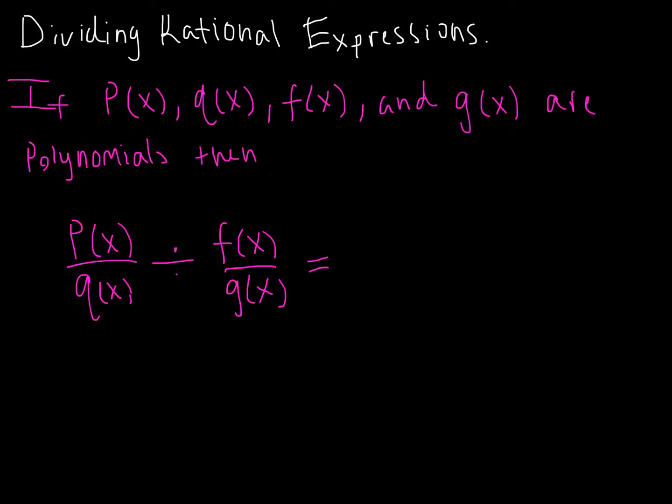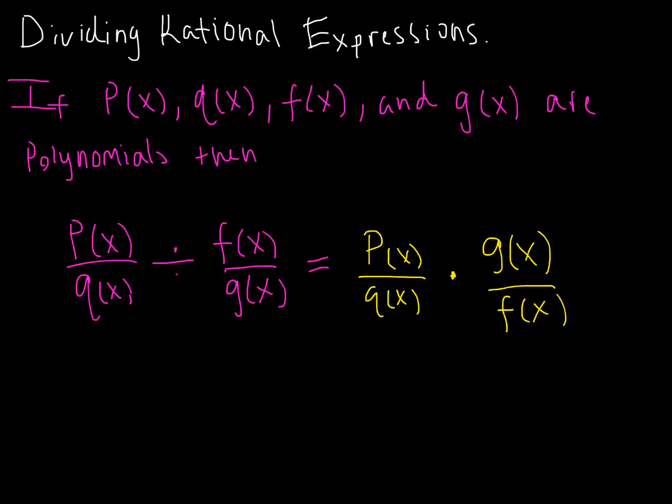Just like I did previously, I know that dividing by a rational expression or dividing by a fraction is the same as multiplying by the reciprocal. So I want to swap these. So I'm going to end up with p of x over q of x times g of x over f of x.